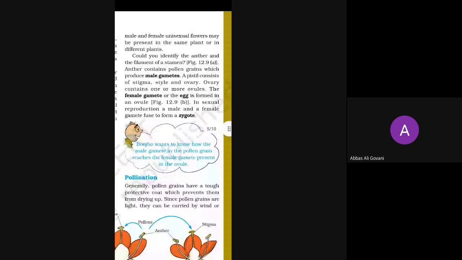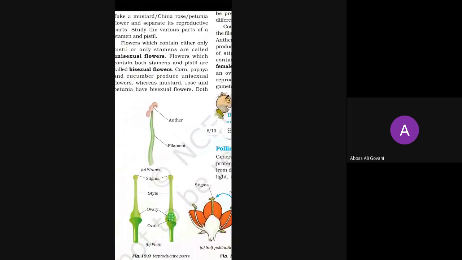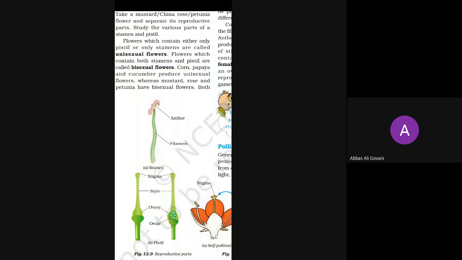Okay. Zygote. Now say already I said that stamen and pistil, these are the male and female reproductive part. Stamen is the male reproductive part, and pistil is the female reproductive part.